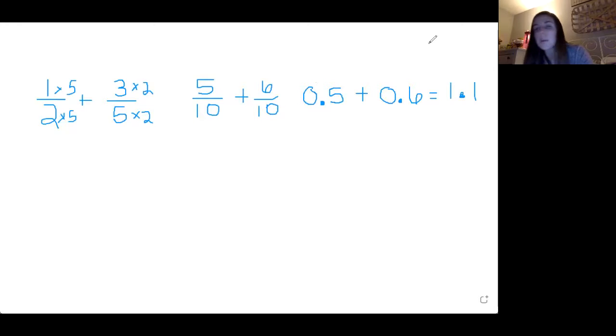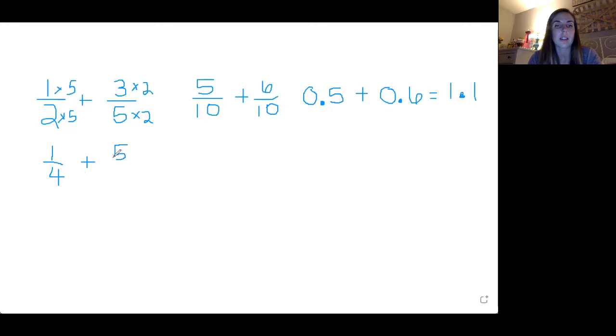But sometimes you don't have really nice numbers in your denominators that can turn into a 10 or 100 or 1,000, or it might just take too long. So let's look at this example: 1/4 plus 5/8.